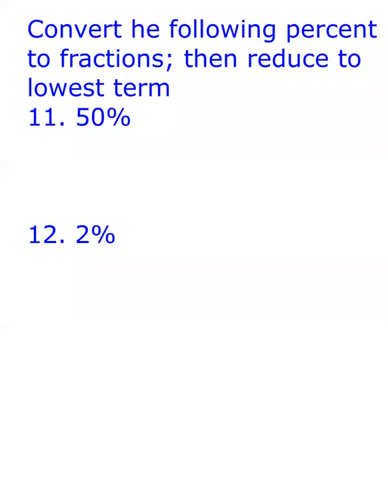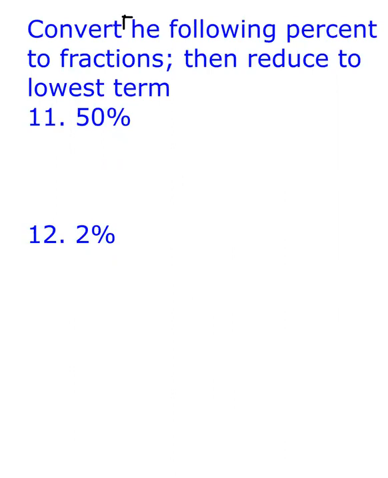Okay, so convert the, sorry, forgot a T there. Convert the following percent to fractions, then reduce to the lowest term. So number 11, 50%. So what did we say percent meant? Anything over, I mean, not anything, but the number over 100.